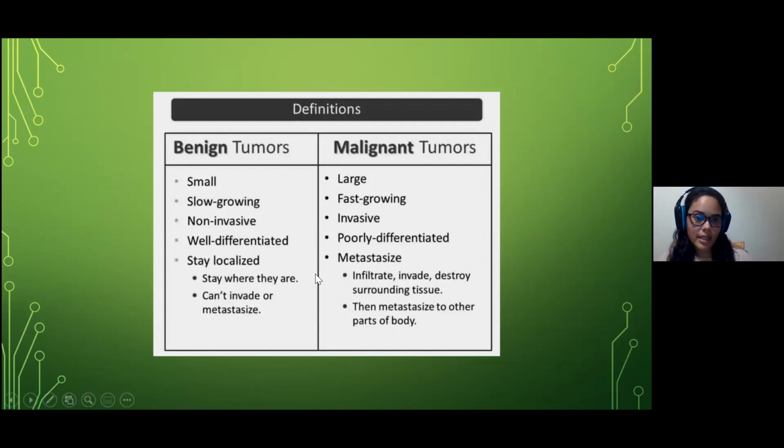I know vascularization is not listed here, because even if you don't see vascularization, you cannot discard that it can be malignant. Vascularization is helpful because some of these tumors spread through the blood vessels, but it is not part of the differentiation.